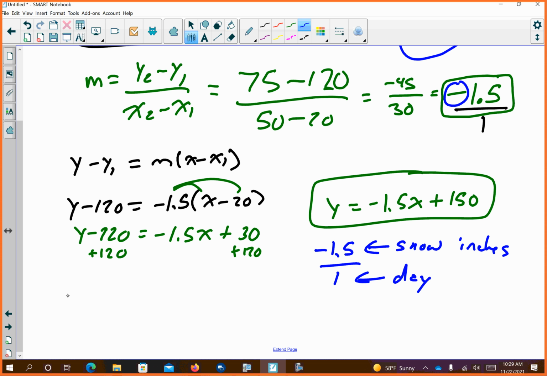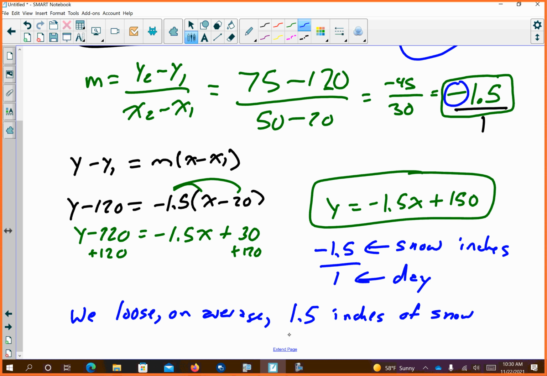So what does this mean in the context of the problem? We lose, on average, 1.5 inches of snow each day.